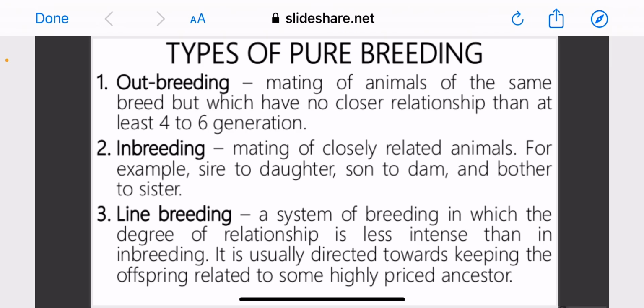And we have the so-called line breeding, a system of breeding in which the degree of relationship is less intense than in inbreeding. It is usually directed towards keeping the offspring related to some highly prized ancestor. So it's somewhat a kind of inbreeding, but within the line.